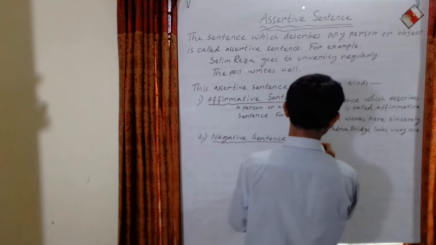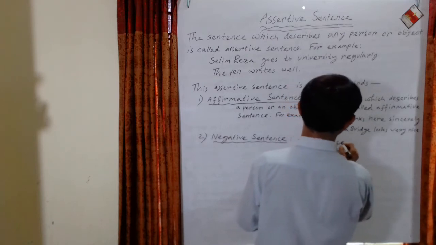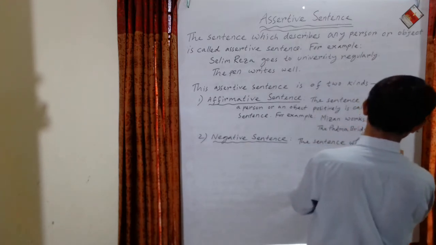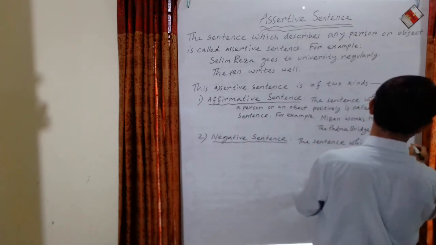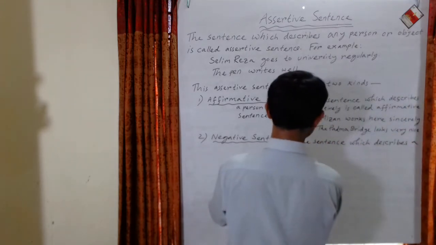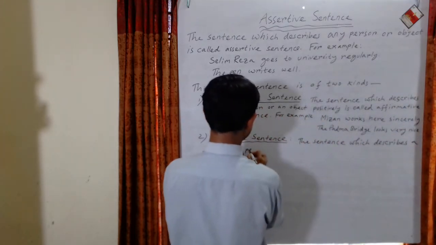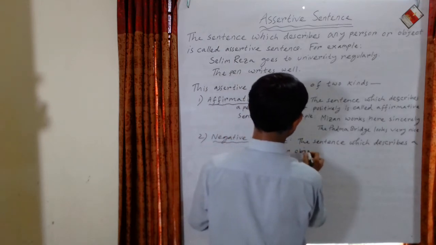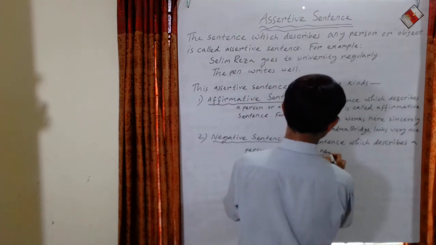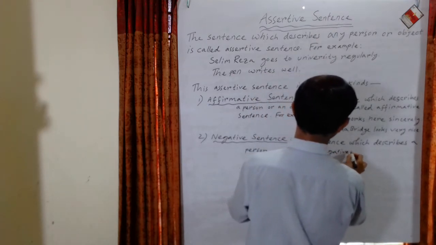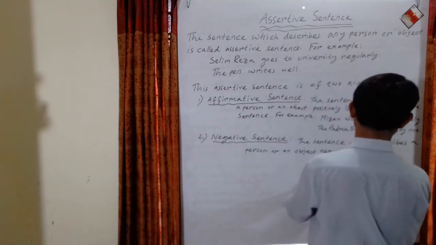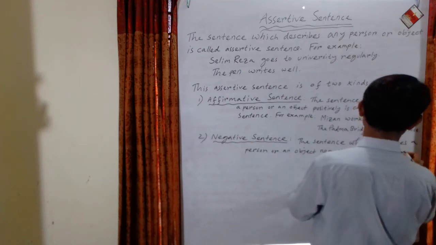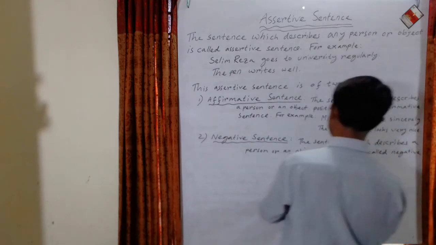The sentence which describes a person or an object negatively is called negative sentence.